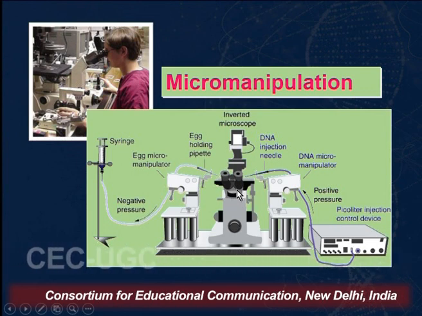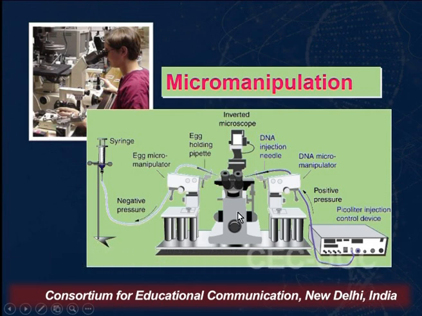So we keep our fertilized eggs on the platform here, and you can see there are certain needles, and there is a micro injector, and then there is a suction pipette which holds it in place, and this entire system we can visualize. It can be visualized on the screen as well, how this micro injection is basically done. So this micro manipulator setup needs to be there.